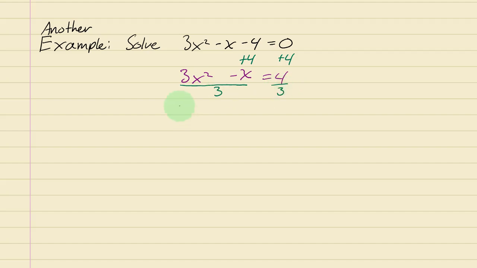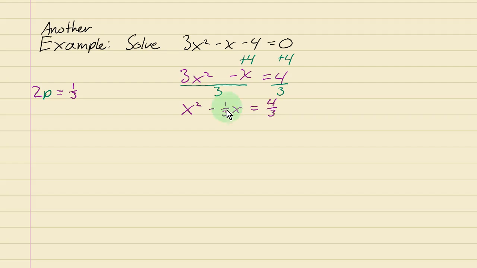And that will give you x squared minus 1/3 x equals 4/3.